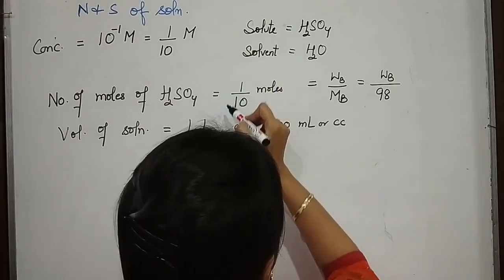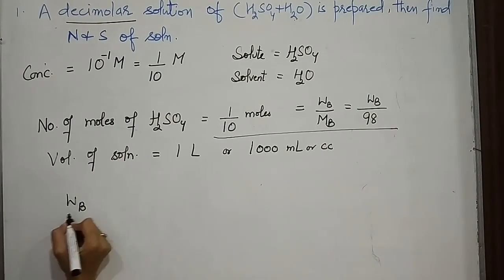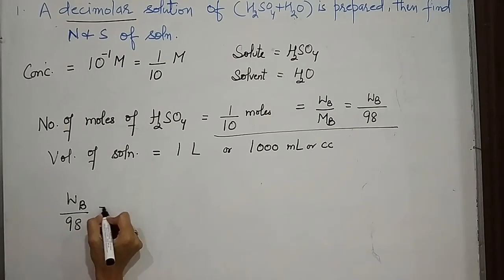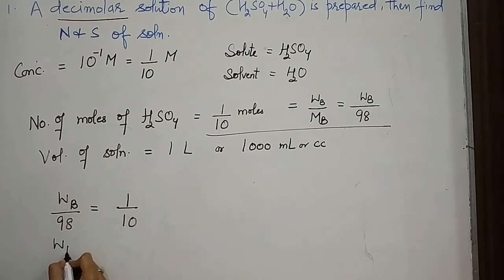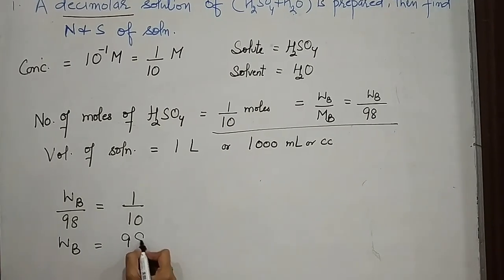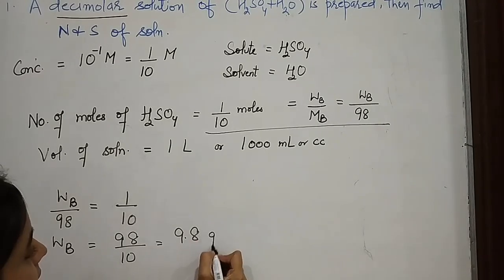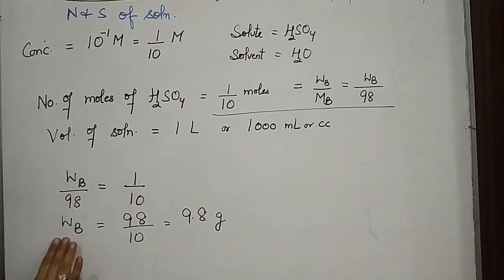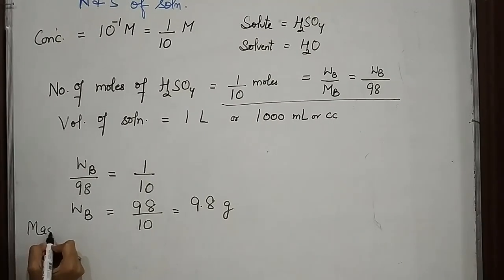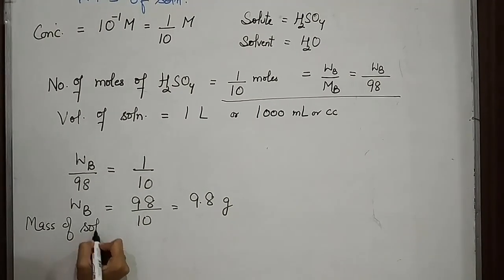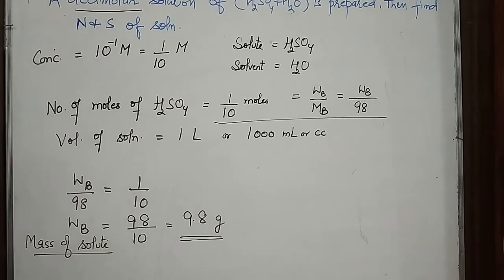From this, you can find out WB upon 98 is equal to 1/10, or WB is equal to 98/10, or it is equal to 9.8 grams. So we know the mass of solute, which is equal to 9.8 gram.